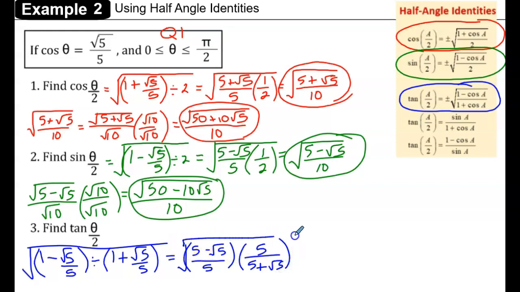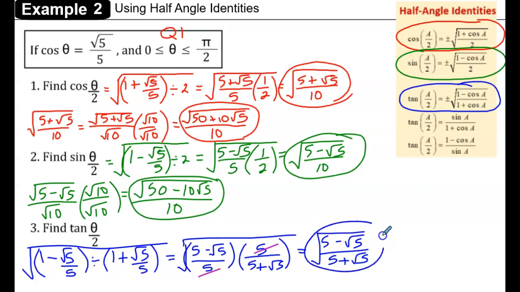That's all under the square root. And then we can see that our 5's here cancel. And we have the square root of 5 minus root 5 divided by 5 plus root 5. And that would be the tangent of theta over 2.